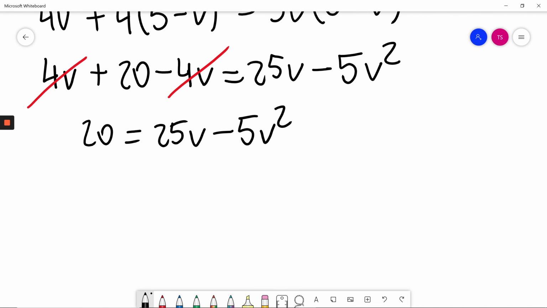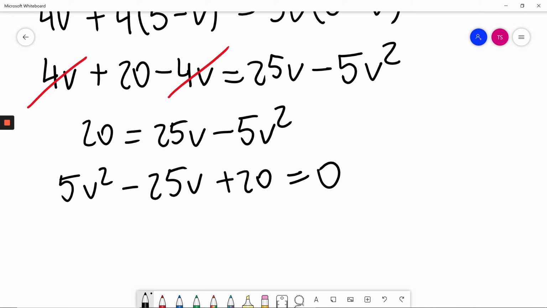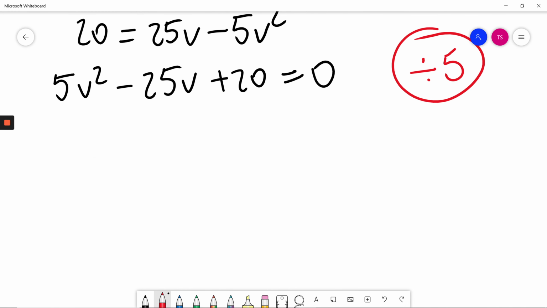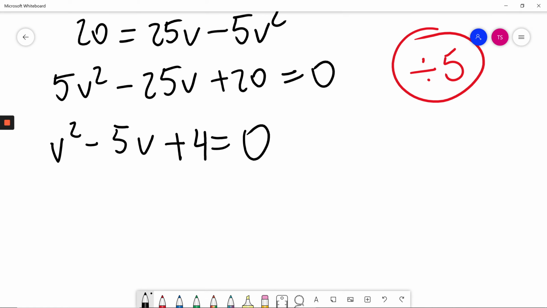I will write everything on the left side, so this will be 5v squared minus 25v plus 20. This will be equal to 0. At this moment I will divide everything by 5. So I will have v squared minus 5v plus 4 equal to 0.